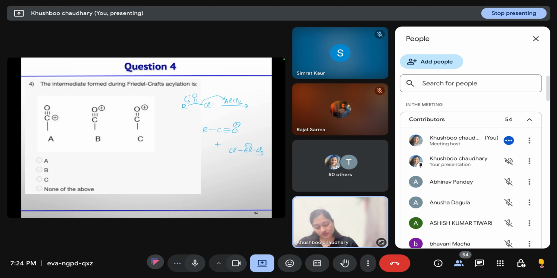This will leave. Sorry, not option A. This is option B. Positive charge is on oxygen, not carbon. Yes, option B. Don't get confused.